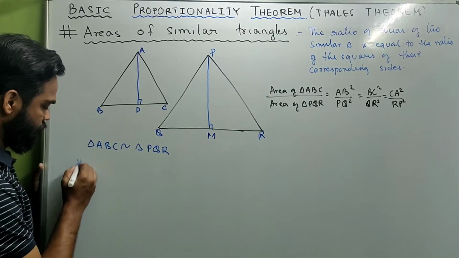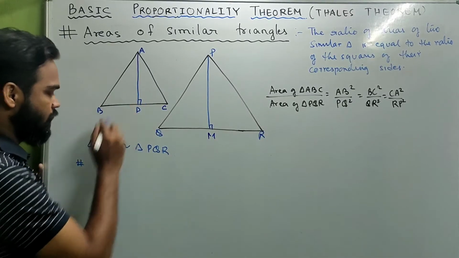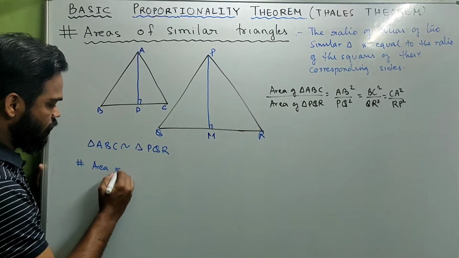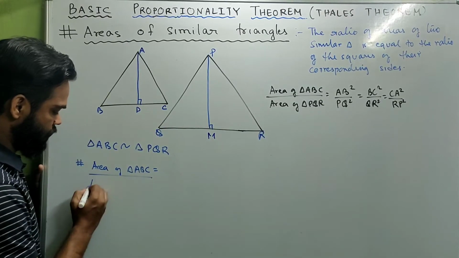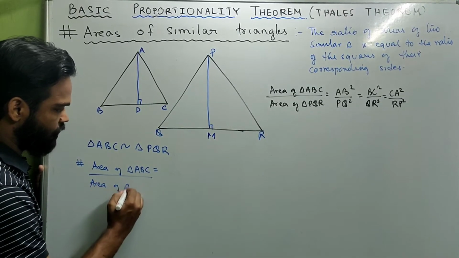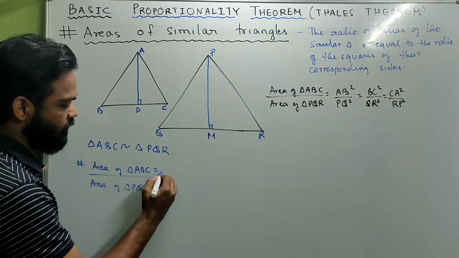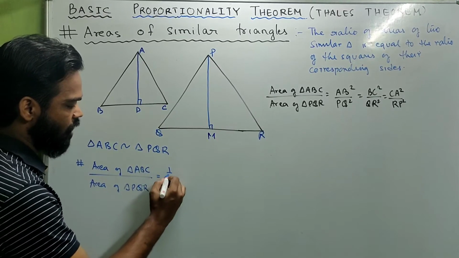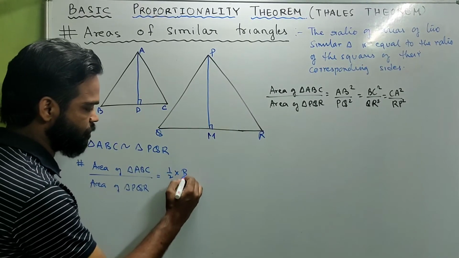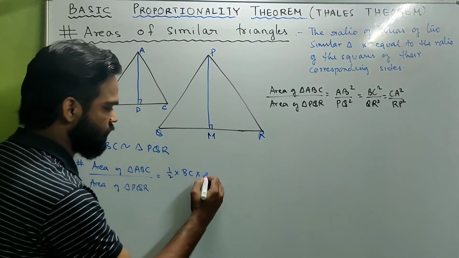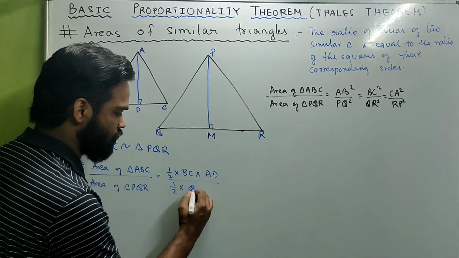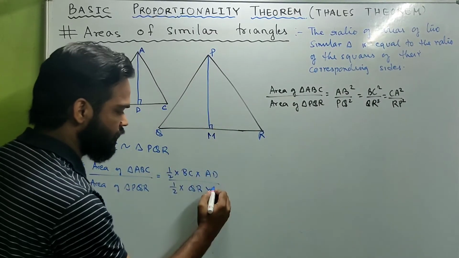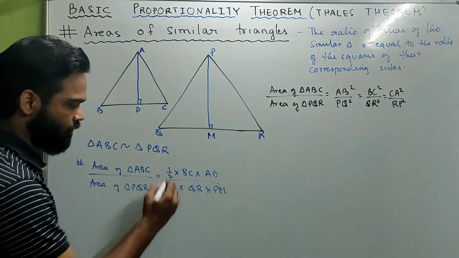Look carefully. Area of triangle ABC by area of triangle PQR, can I write this as half into base, that's BC, into height, that's AD, and over here half into base, that's QR, into PM, isn't it?